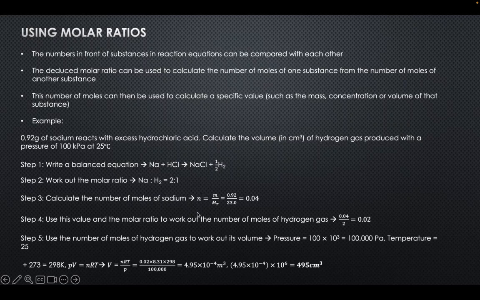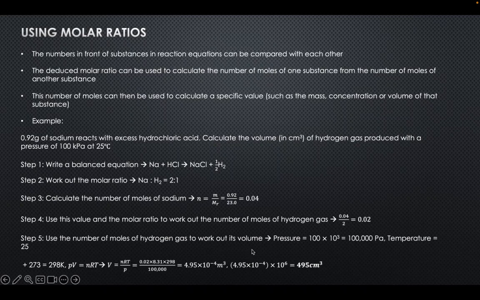So we're going to use our equation moles equals mass over Mr, which gives us a value of 0.04. Step 4, we use this value and the molar ratio to work out the number of moles of hydrogen gas. And so we'll divide it by 2 to give us a value of 0.02, and that's because our ratio is 2 to 1, okay? Our fifth step is that we use the number of moles of hydrogen gas to work out its volume.